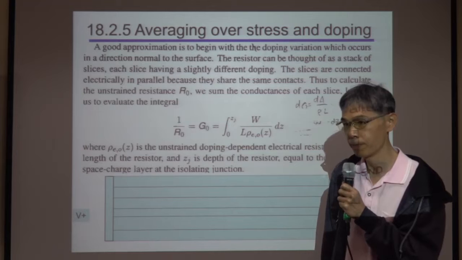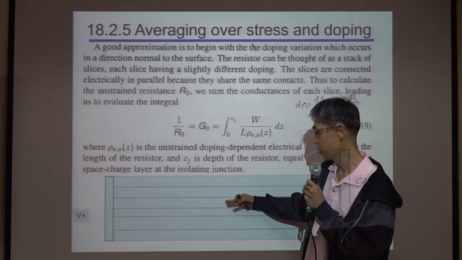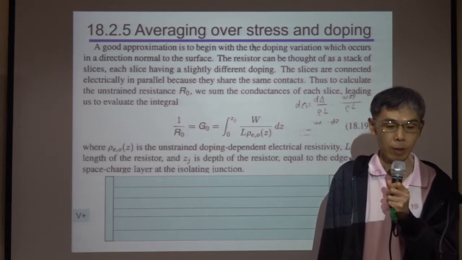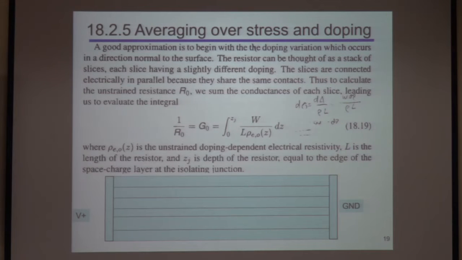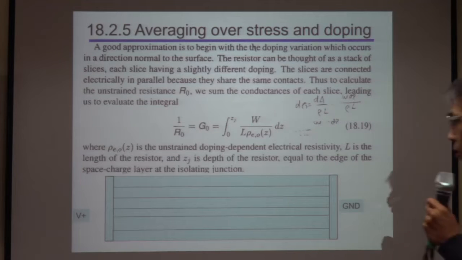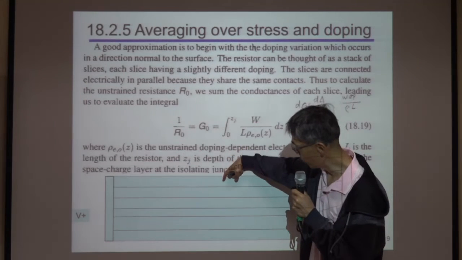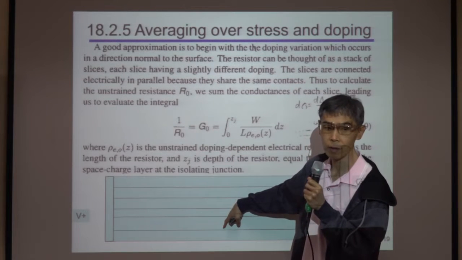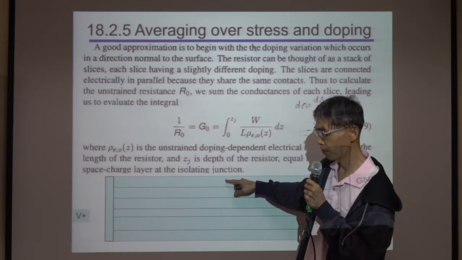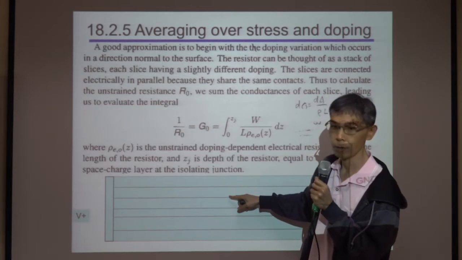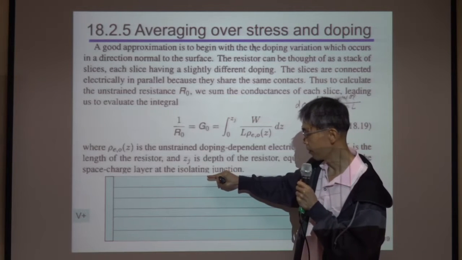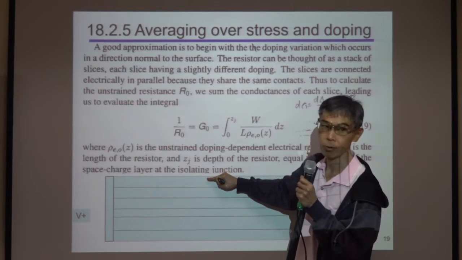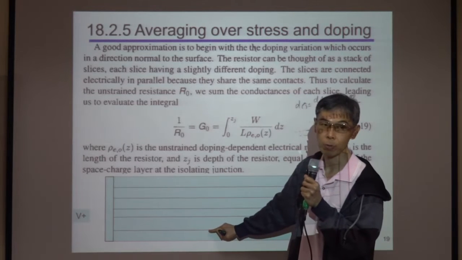Here is the cross-sectional view of the piezoresistor. Remember, we use doping. We put the dopants, the ions, inside the silicon wafer. As the dopants diffuse into the silicon wafer, we have a high density of dopants, then a low density of dopants.